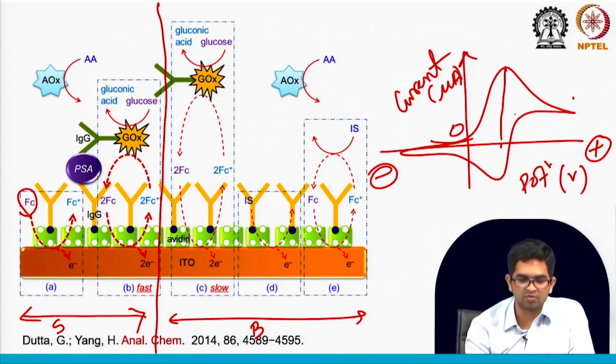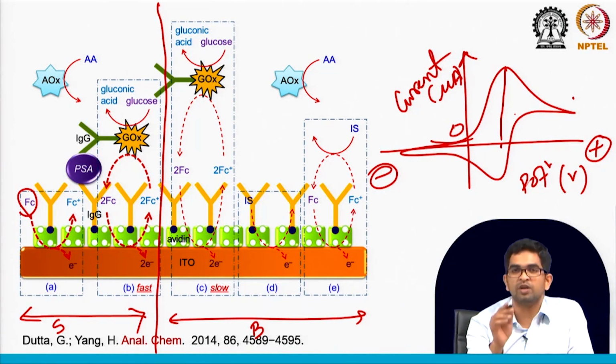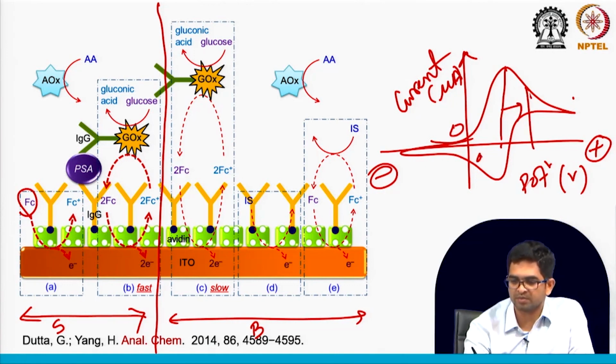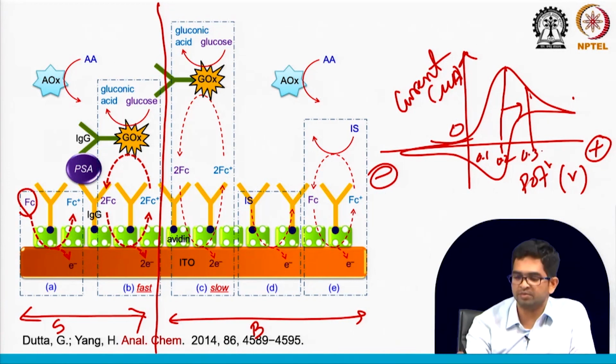To obtain a good oxidation-based biosensor, if you want to measure by using the chronoamperometry technique, you have to apply more than this potential. Suppose it is plus 0.1, plus 0.2 and 0.3. So this is 0.3 volt.